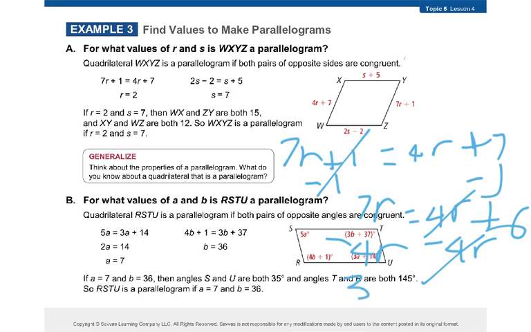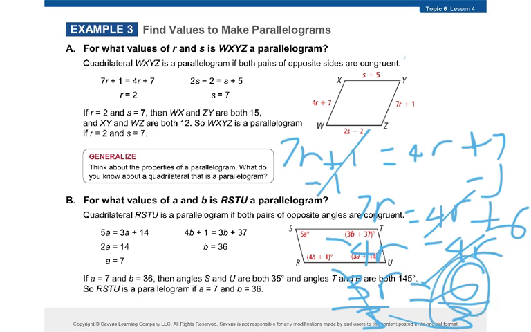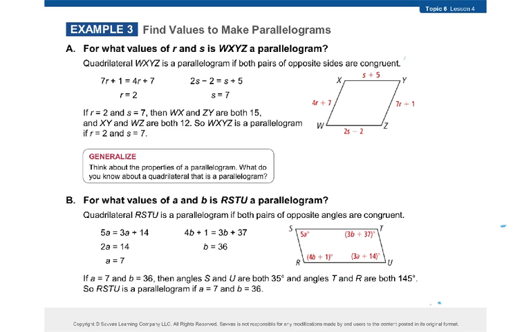So that would be 3r is equal to 6, and then divide both sides by 3. So r is equal to 2 because 6 divided by 3 is 2. And that is now the value of your r. The same process, what you're going to do with the 2s minus 2 and s plus 5, you have to equate that one and solve for s.